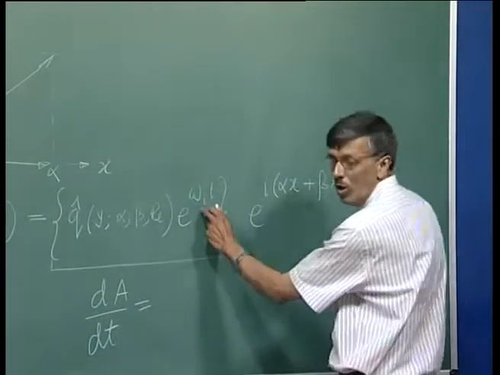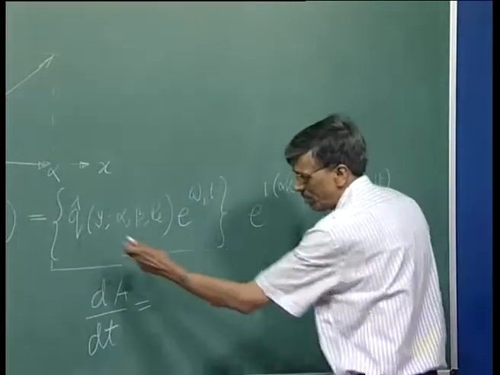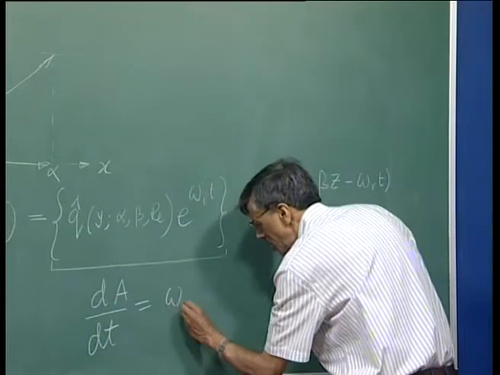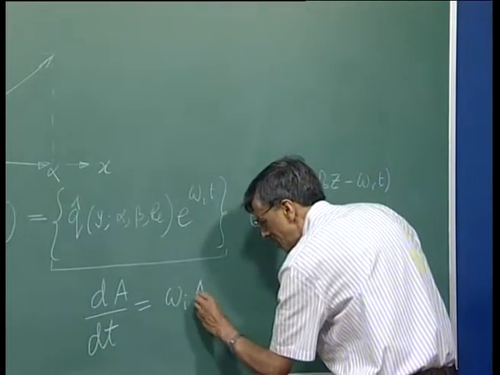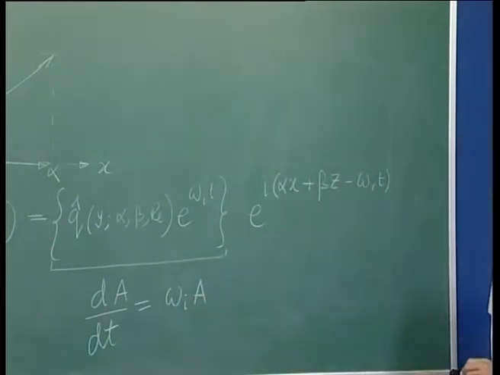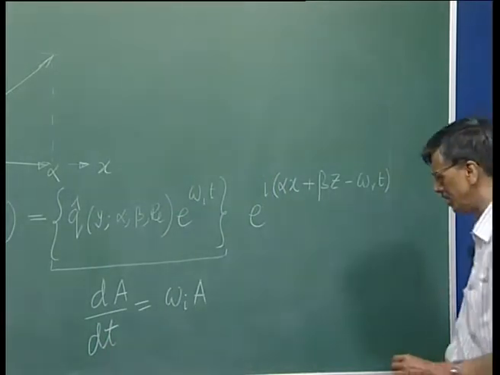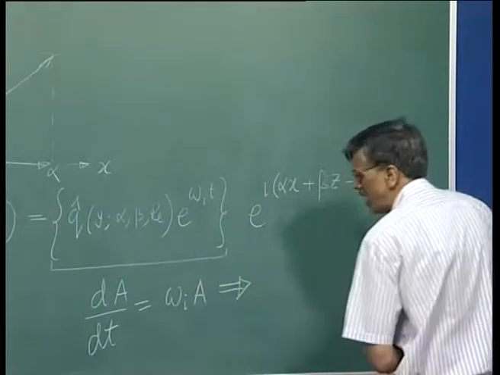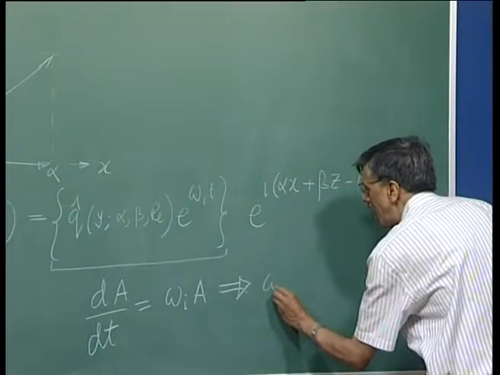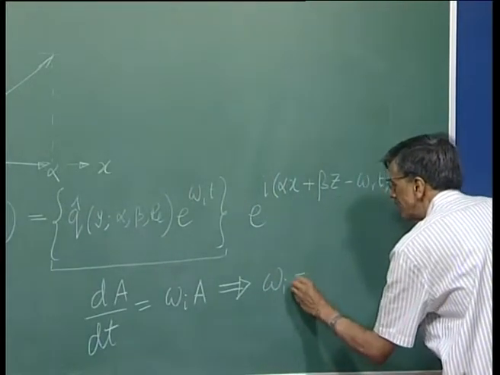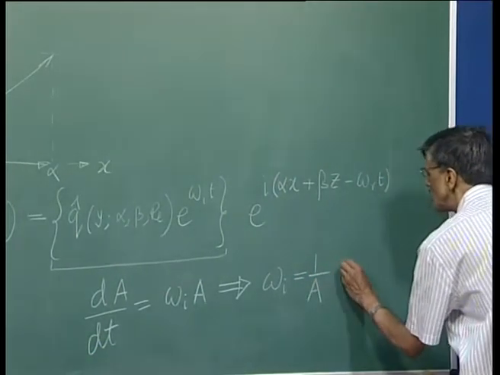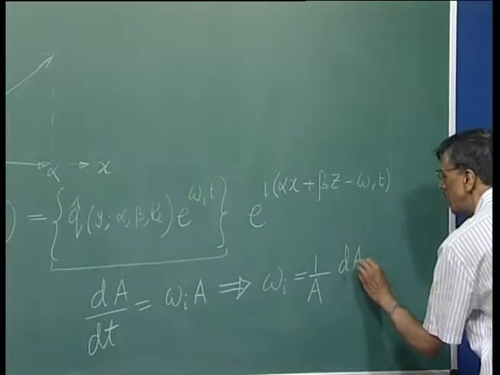I will get omega I times this, and what is this? This is A. So, this is going to be omega I times A. And this helps us define omega I as equal to 1 over A dA dt.